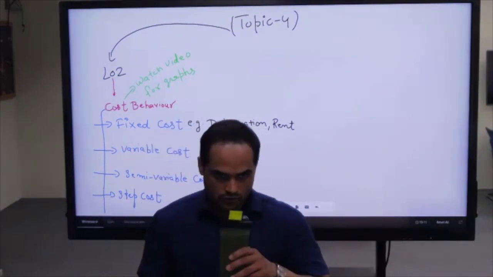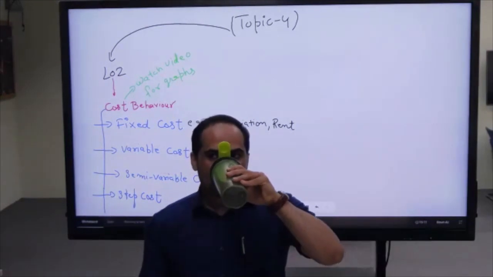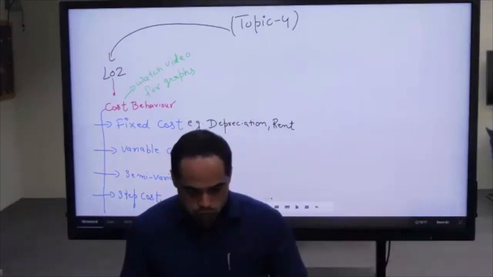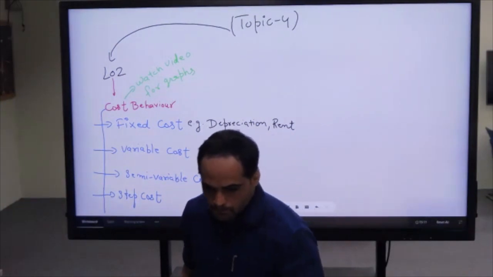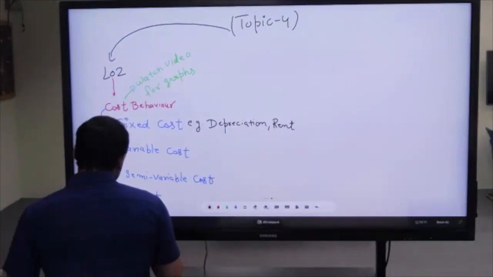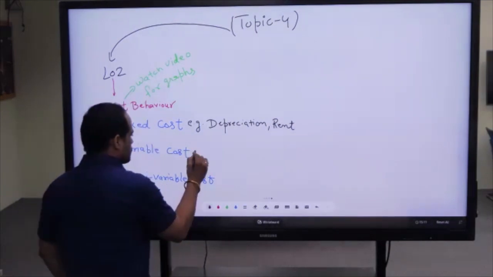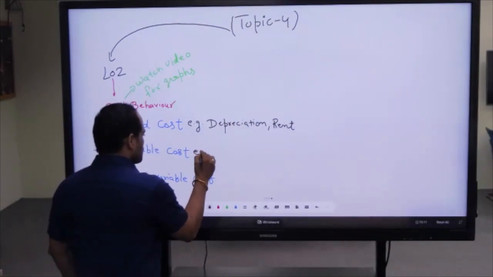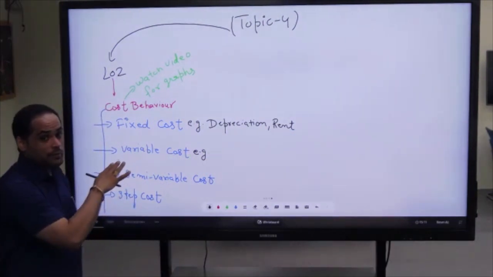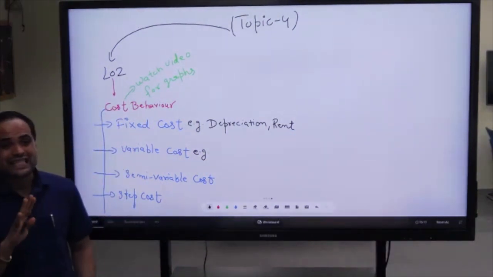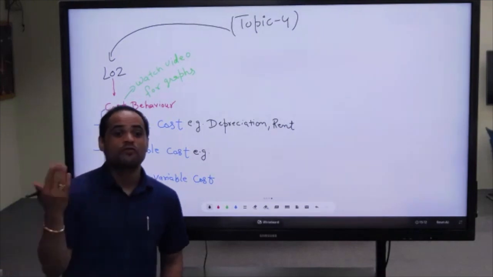Now next is variable cost. Variable cost is the cost which, the meaning of variable, variable means which is not the same, not fixed. That's called variable.